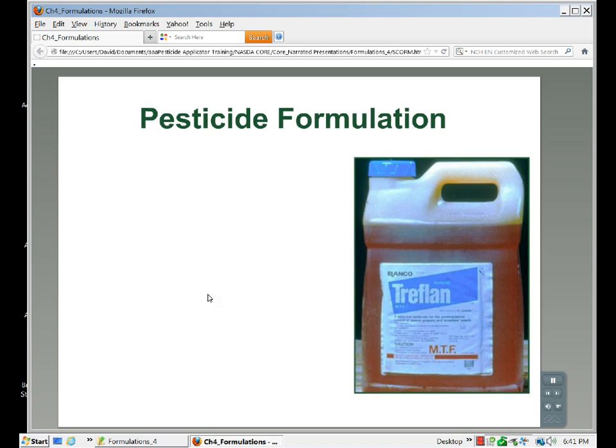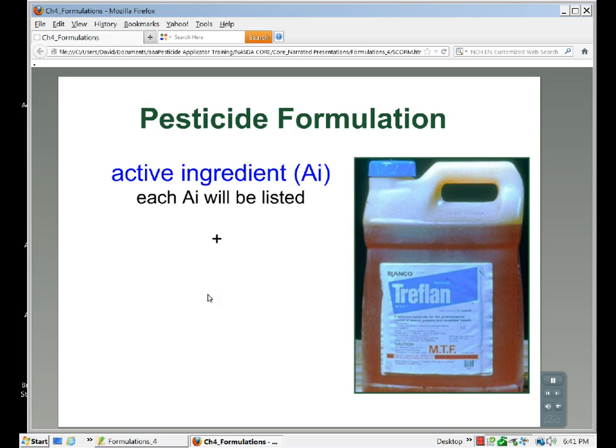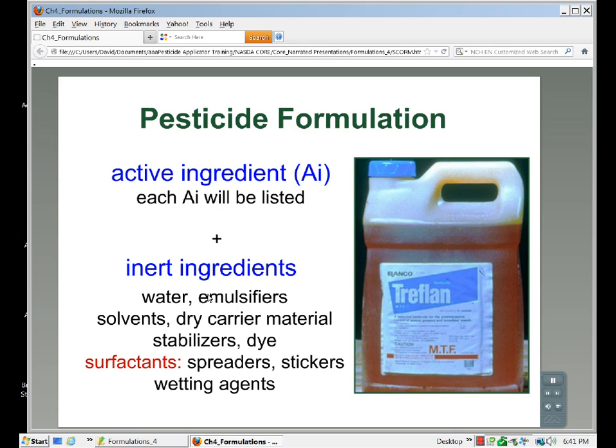So, if we look at the components of a formulated product, or a formulation, you'll always have the active ingredients and each and every active ingredient listed on the label. Additionally, there are many different materials added as inert ingredients. The inert ingredients may include materials such as water for bulking the material so a user can easily measure the appropriate dose needed.